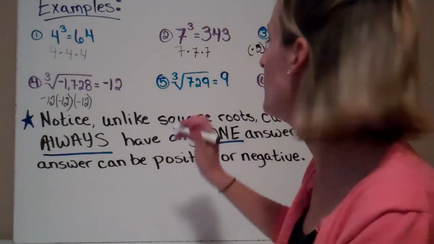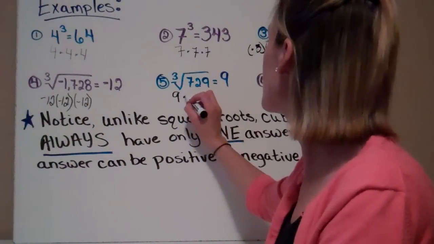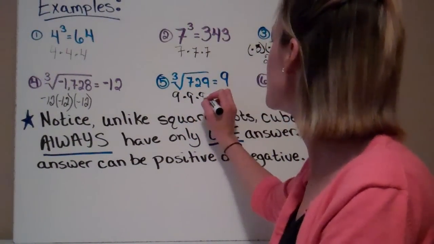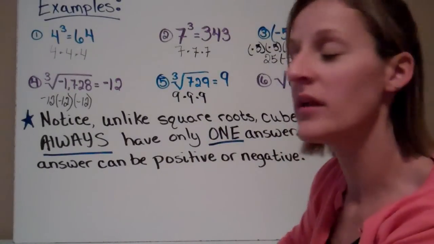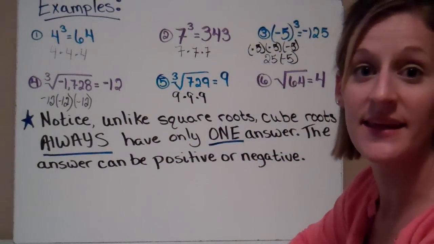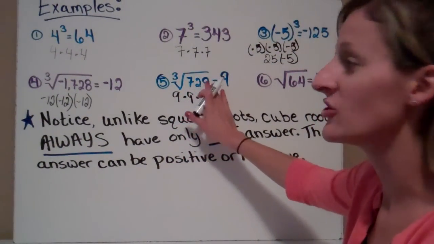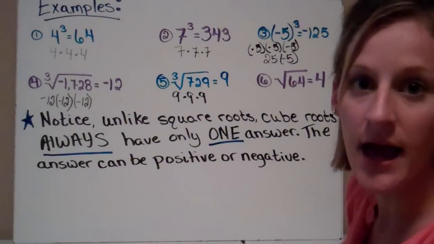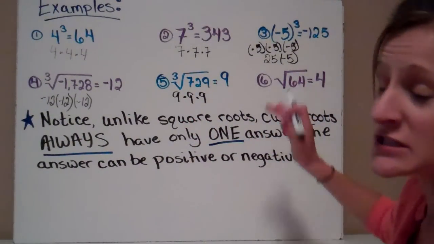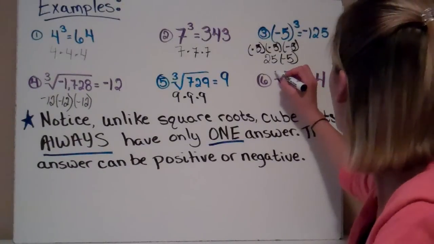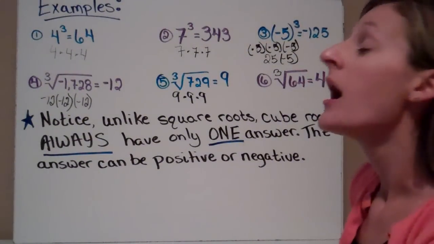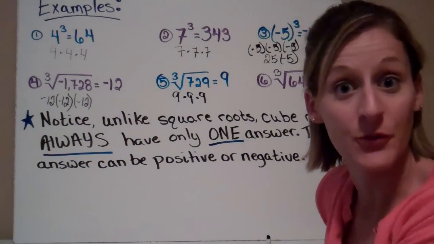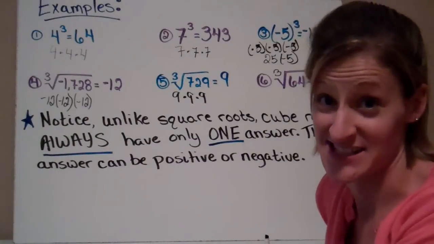Now let's take the cube root of 729. With that, if you do 9 times 9 times 9, 9 times 9 is 81, then multiply it by 9 again, and you get 729. So my cube root of 729 is going to be 9. And this last one, oops, I forgot my little 3 here. I'm not doing the square root of 64, I'm doing the cube root of 64.